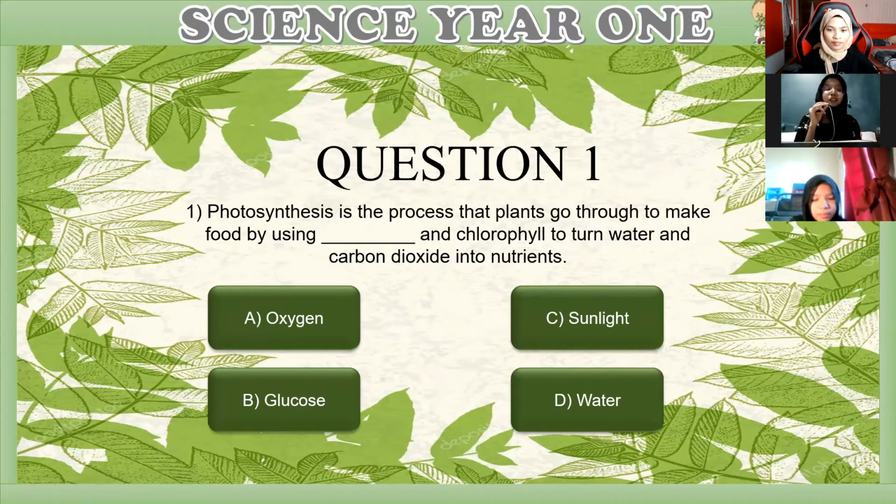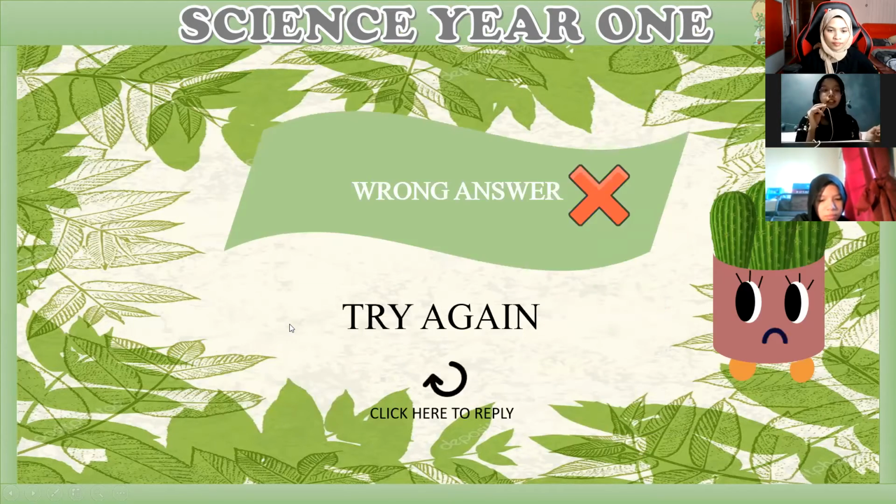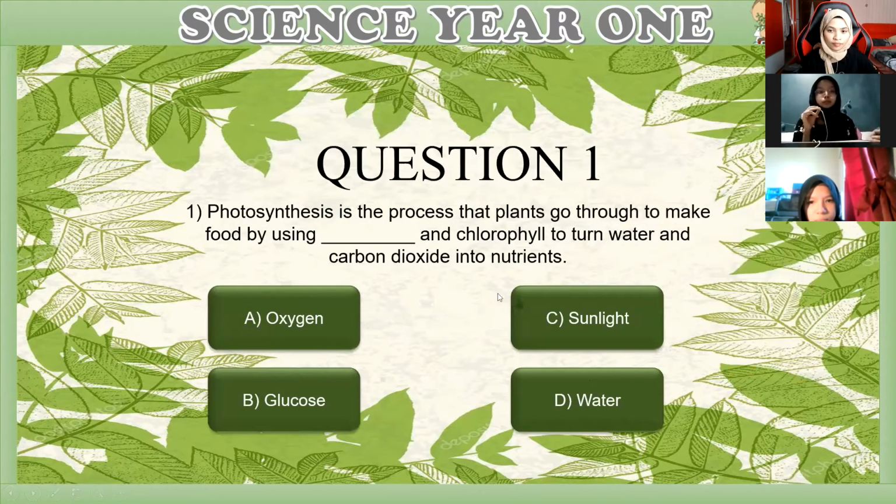Okay, thank you, Lisa. So if the children click A, for example, oxygen, can you click A, Lisa? Oxygen. They get a wrong answer, so they have to try again, and they have to click the retry button. So they will go to this question again until they get a correct answer.